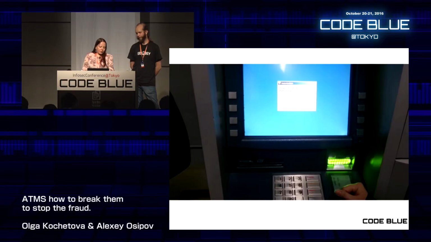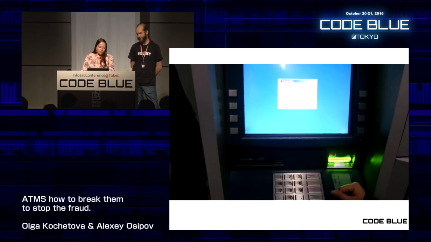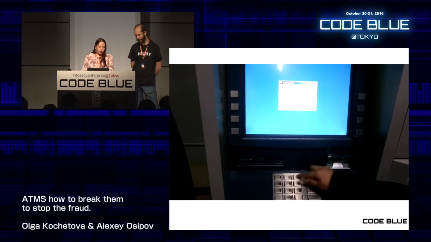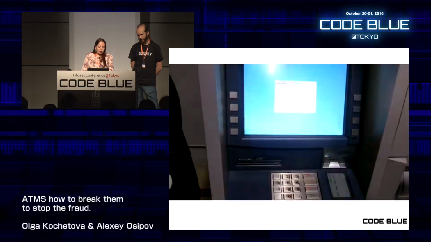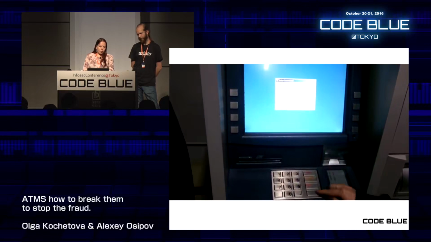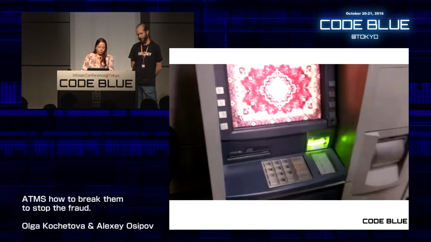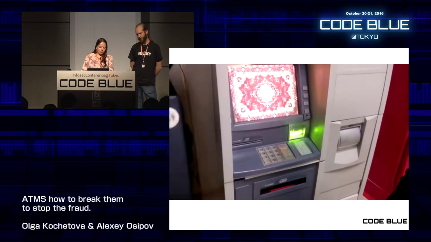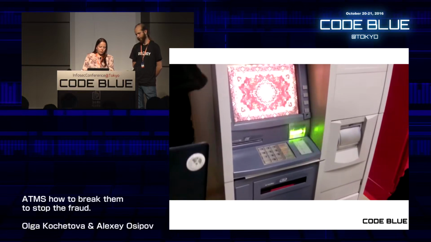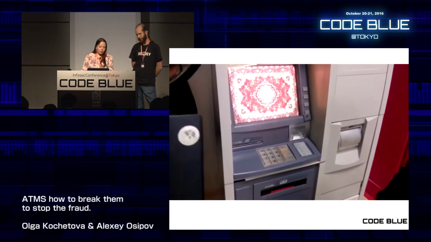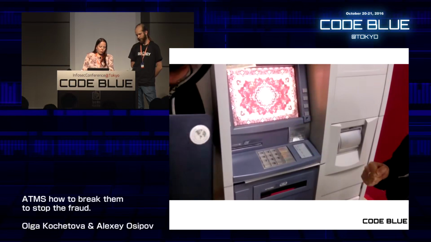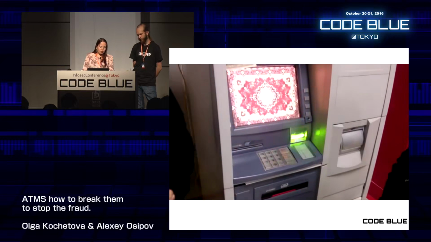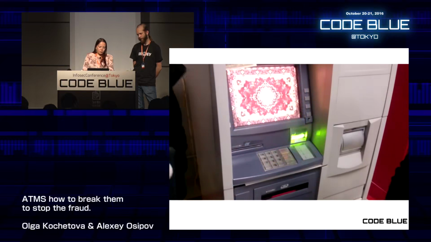The attacker should enter the code and the commands, the number of commands, for example, withdraw money, and should enter the number of the cassette to withdraw money from. And it's again very easy to get money, and it might be repeated many, many times until the ATM becomes empty.